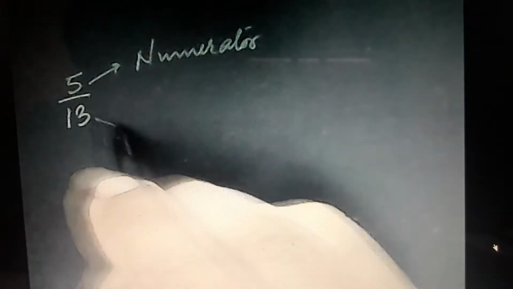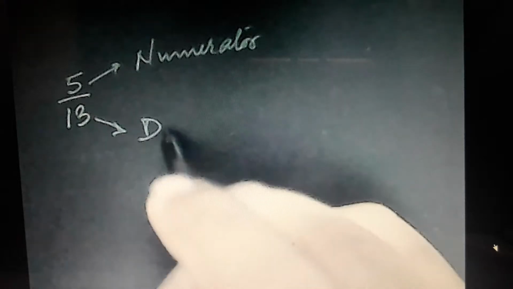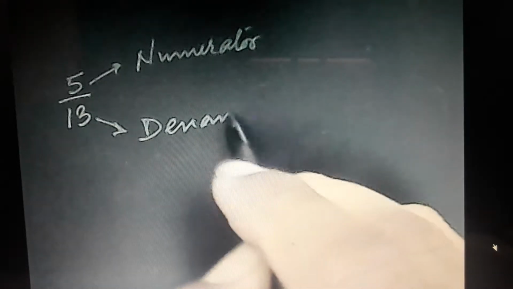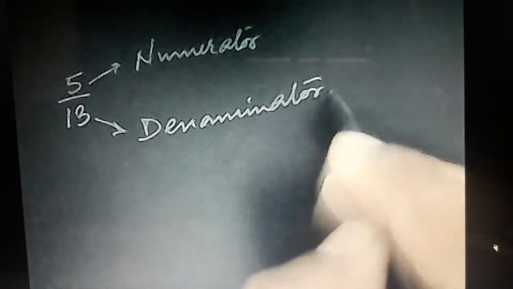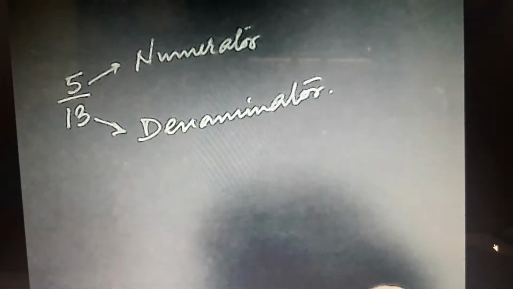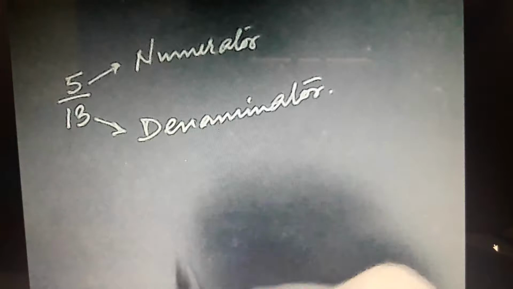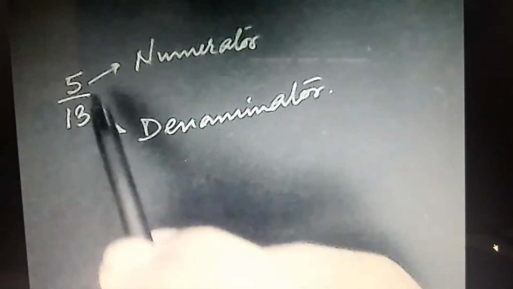Out of this, the 5 is called the numerator, and this 13 is called the denominator. Anything above is a numerator, anything below is a denominator.